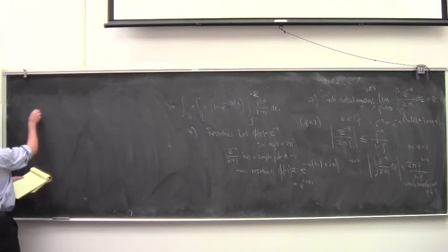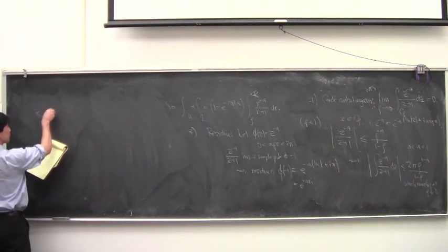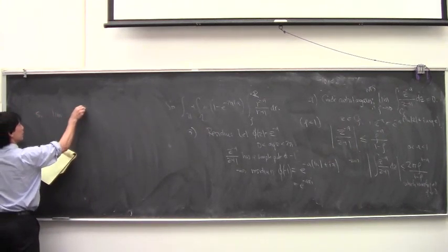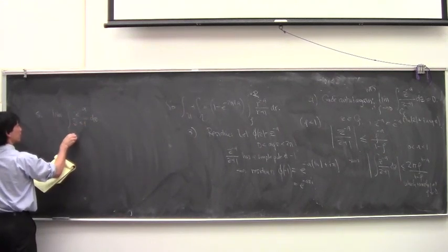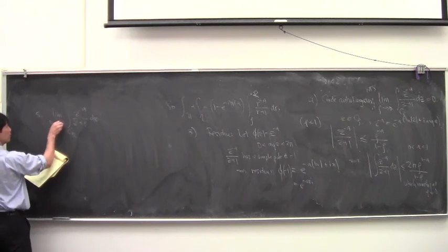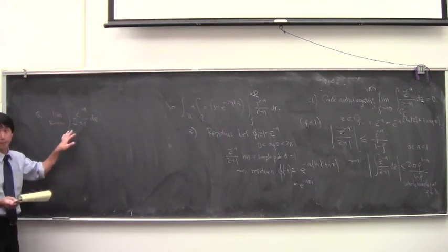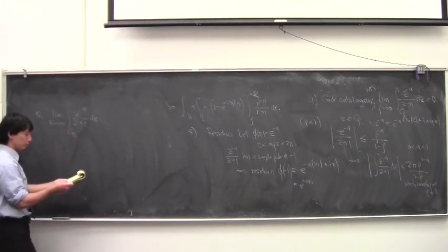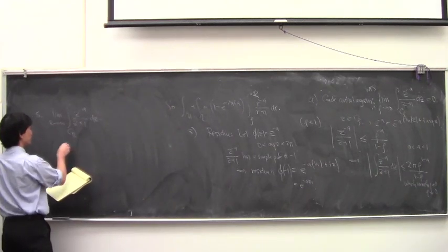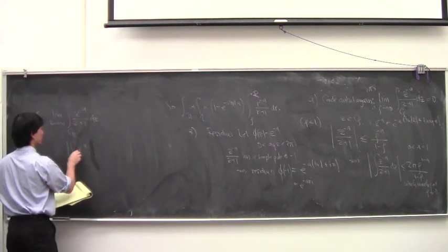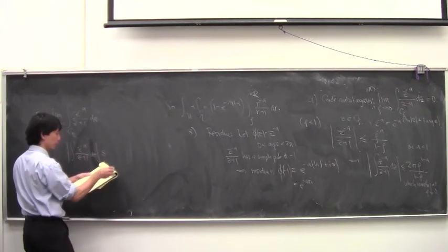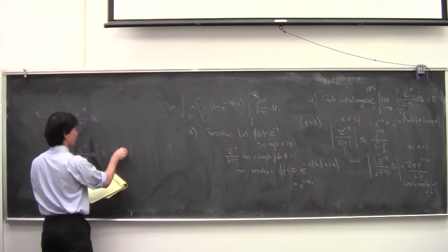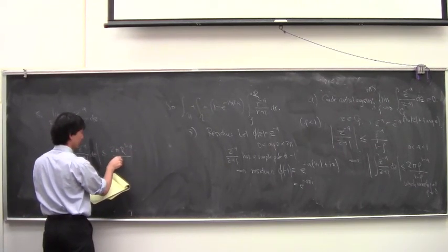Do the same thing, looking at the limit of this thing. Same sort of argument. The integral is controlled by 2 pi r to the 1 minus a over r minus 1.